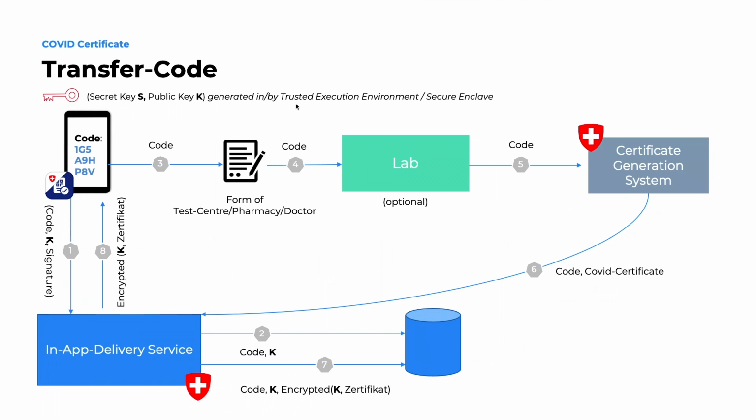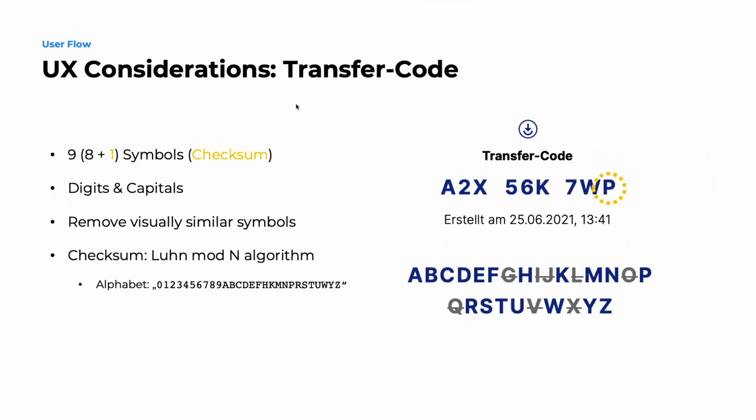So here you can see a more technical diagram of that. Step one, where we upload the certificate and the public key and store it on a backend. But the main gist here is we're using this private and public key pair on the secure enclave to make this secure. There have also been a lot of UX considerations in this transfer code.